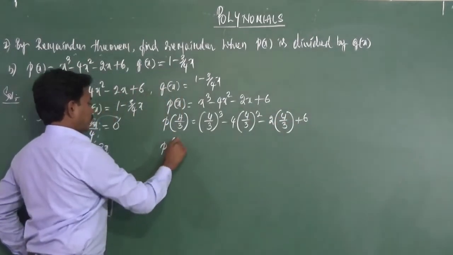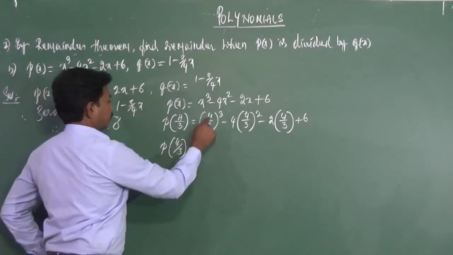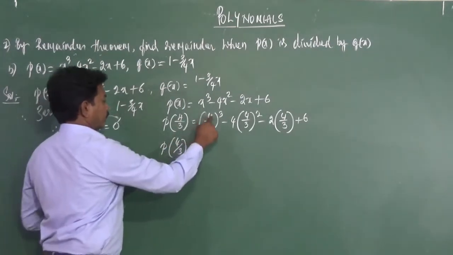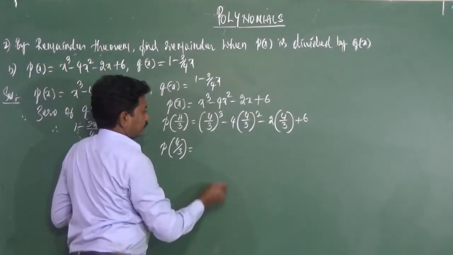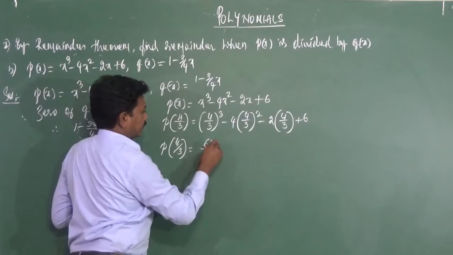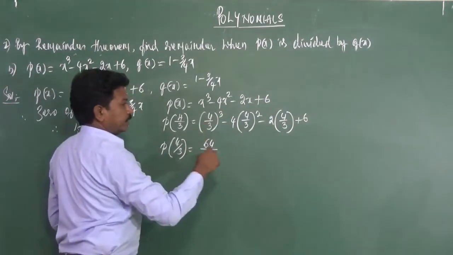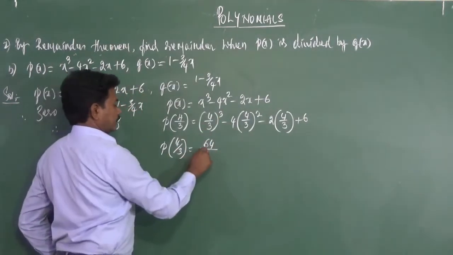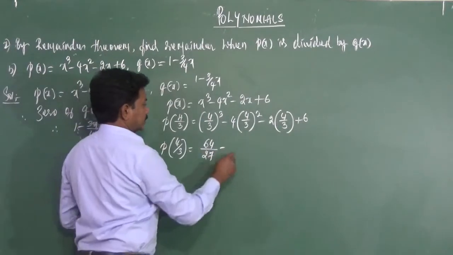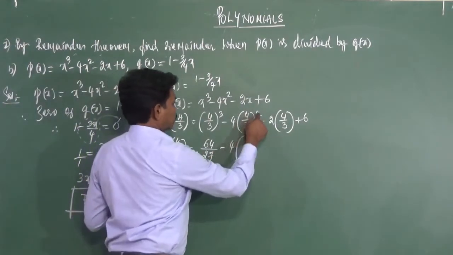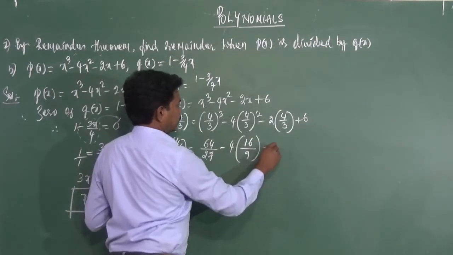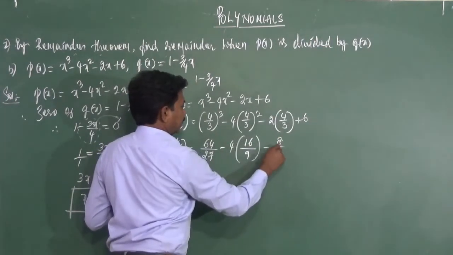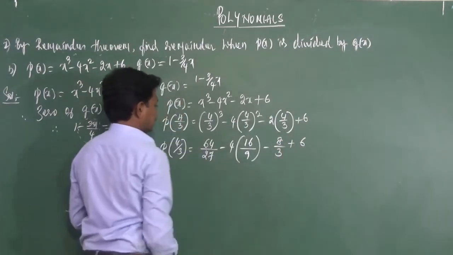So p of 4 by 3 is equal to 4 by 3 whole cube, that is 4 into 4 into 4. 4 4s are 16, 16 4s are 64. So 64 by 3 cube, 3 into 3 into 3, 3 3s are 9, 9 3s are 27, minus 4 into 4 square is 16 by 3 square is 9, minus 2 4s are 8 by 3 plus 6.